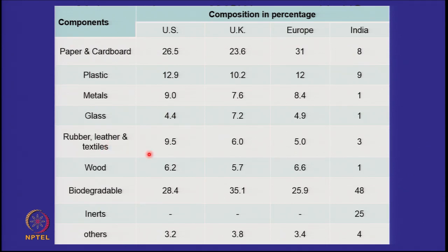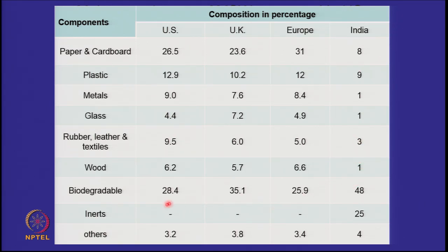So rubber, leather and textiles I think is underreported in India. We think this is higher. This would also be about 5 to 6 or 9% in India, especially the rags which are there. Wood is also higher. In fact, these figures are probably a little underreported, but nevertheless we'll take them at this value.